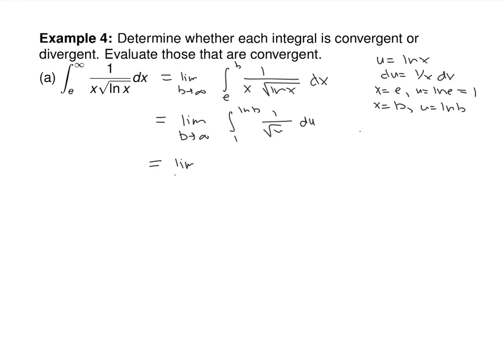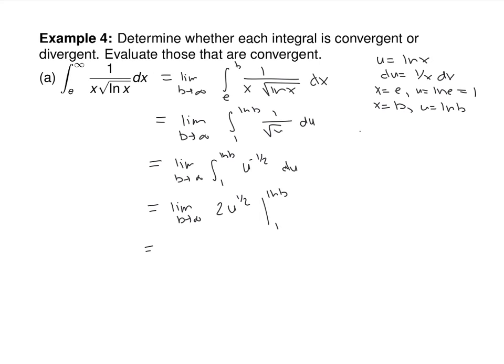Or that's the same thing as u to the negative 1/2. And so the antiderivative of u to the negative 1/2 is u to the positive 1/2 times 2, evaluated from 1 to natural log b.